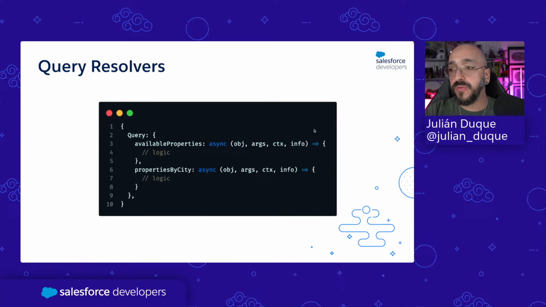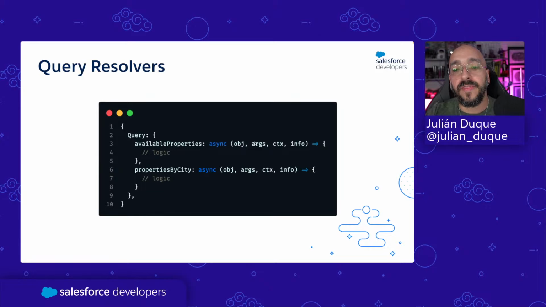Each of those methods receives 4 specific arguments that are very important. Normally, the first argument is ignored. It represents the previous object. It's used when you have a nested object, for example, if you are going to resolve a nested object and you need to access the parent object or the previous object. But for queries, it is not used.